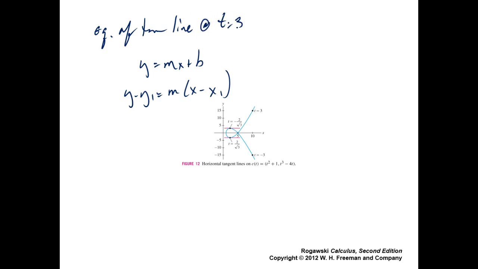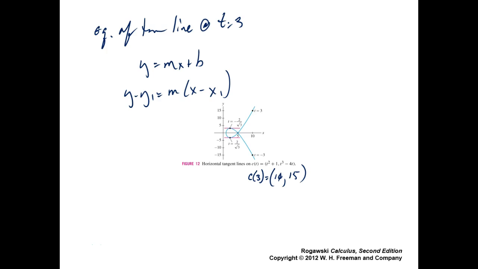So we need 2 things there. We need the point at t equal to 3, and that's not too hard to get. Here's c of t, so we want c of 3, and we've already done it. It's 10, comma, 15.